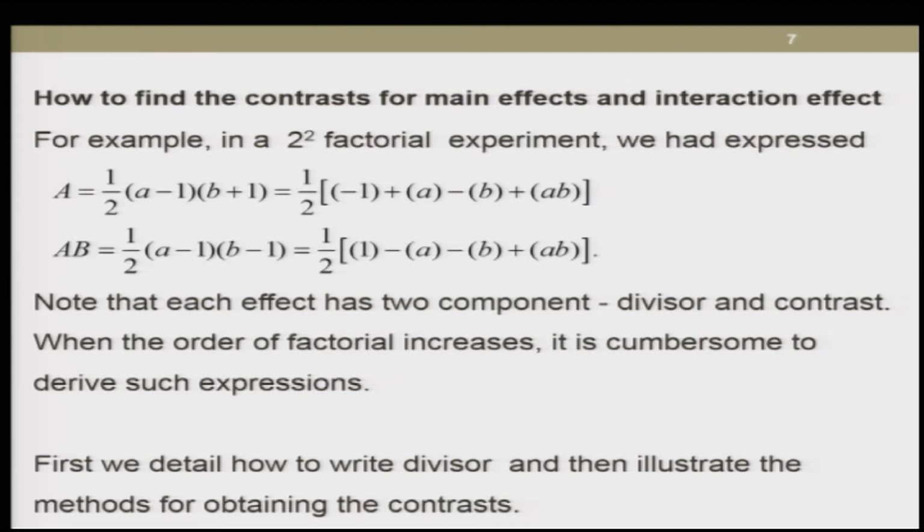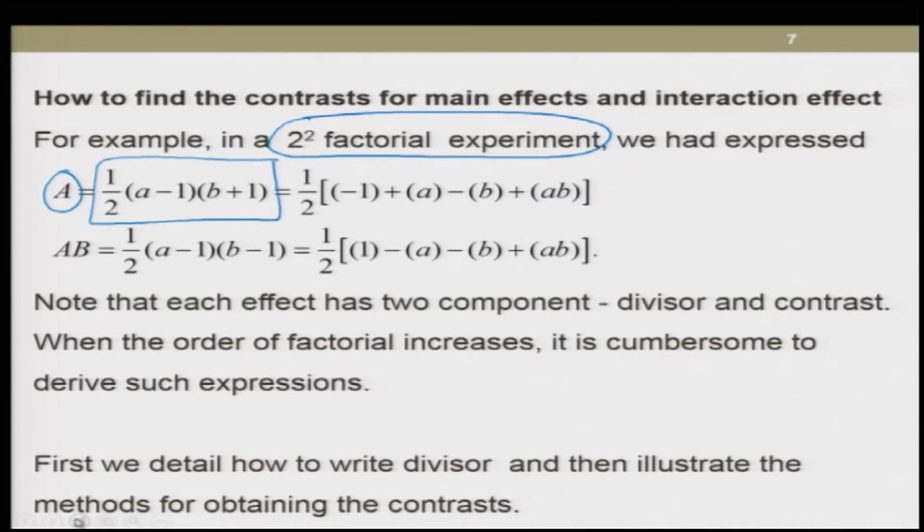Now I come to the next aspect. In order to find out the sum of squares, first you need to compute those factors. You can recall that earlier we had considered the 2 square factorial experiment, in which we had computed the main effect A, for example, like this, and this expression has 2 components.